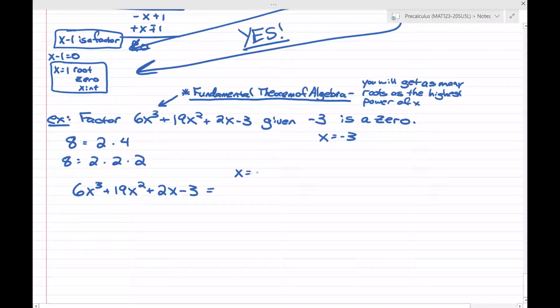But if the directions were to factor, right? So let's convert that root to a factor by bringing the 3 on the other side. So x plus 3 times something equals 6x to the third plus 19x squared plus 2x minus 3. Well, what if I told you 8 is equal to 2 times something? What would you do to find the missing piece? You would divide by 2, right?